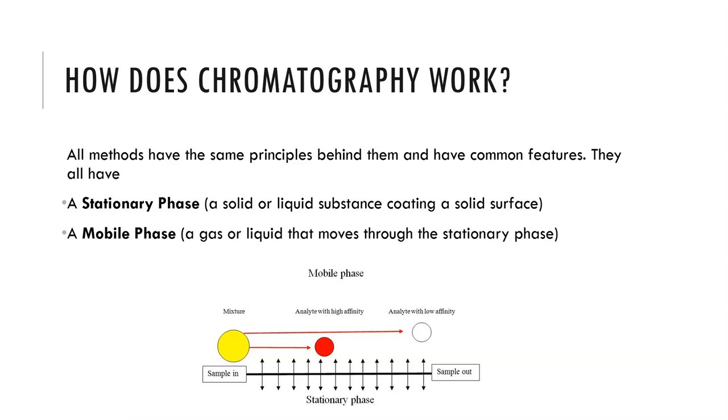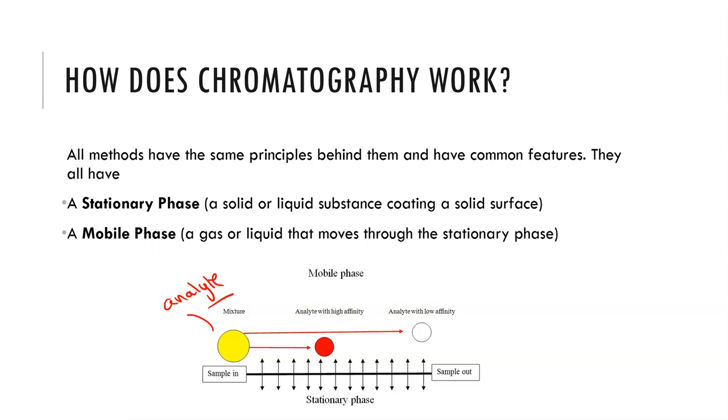This will be a gas or liquid that moves through the stationary phase. The analyte will be the mixture that we place into this system. So essentially what we're analyzing will be our analyte mixture.